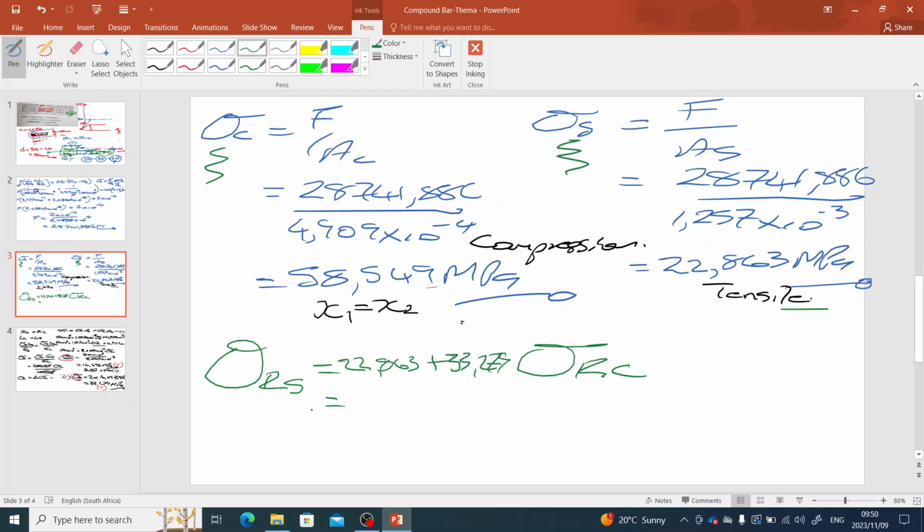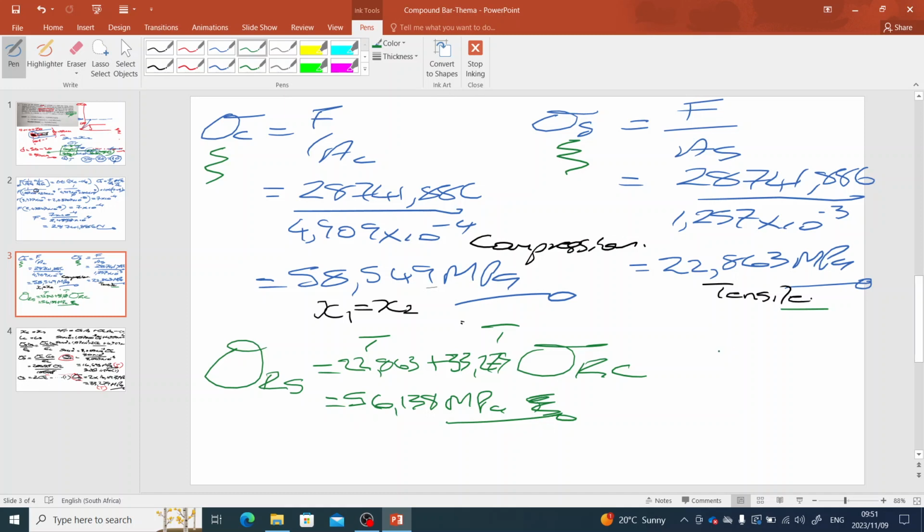So 22,863 plus 33,279, I get my stress here as 56,138 megapascal tensile. The direction doesn't matter here because we've already determined that both are tensile, they are of the same direction.